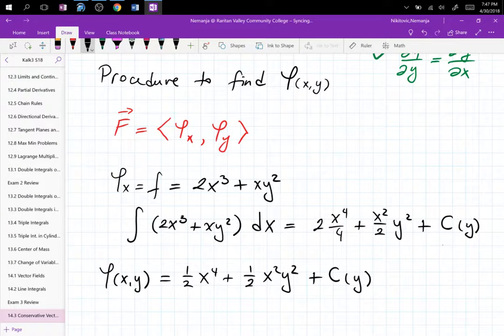However, we want to determine the constant part over there.